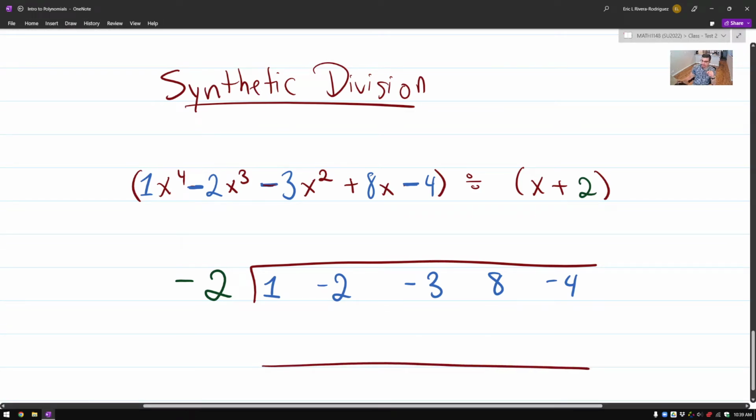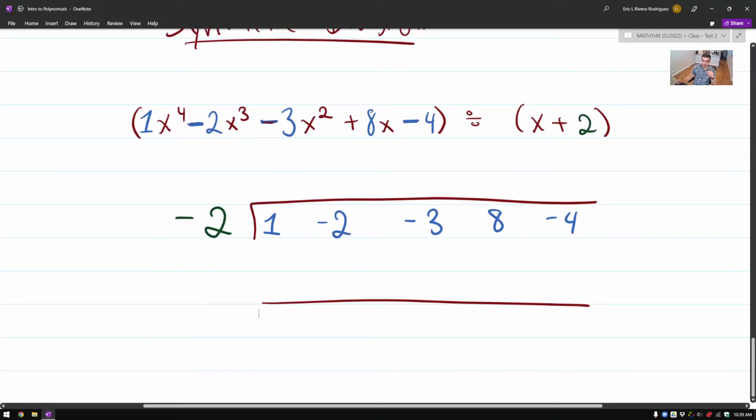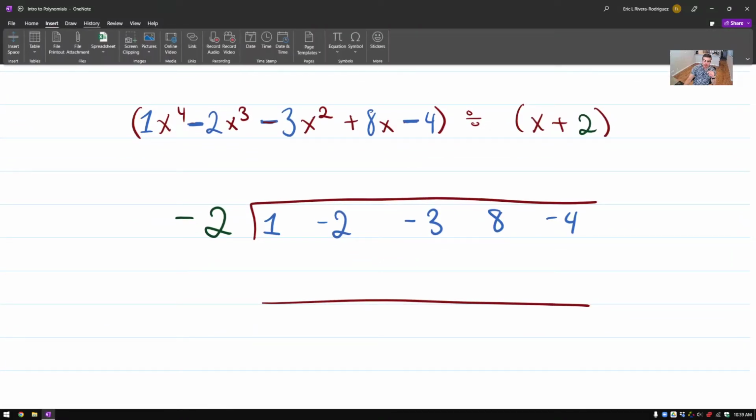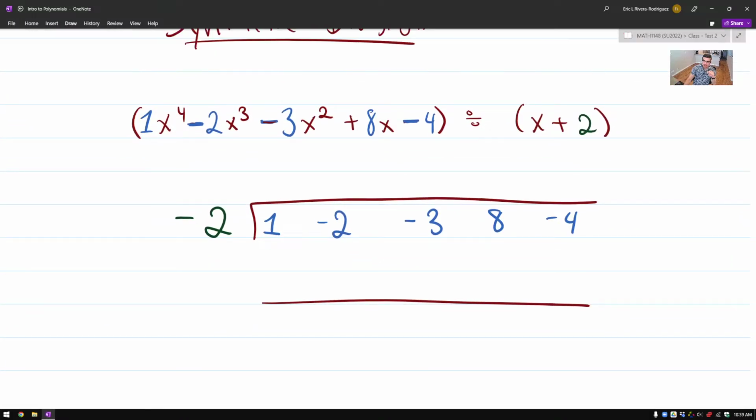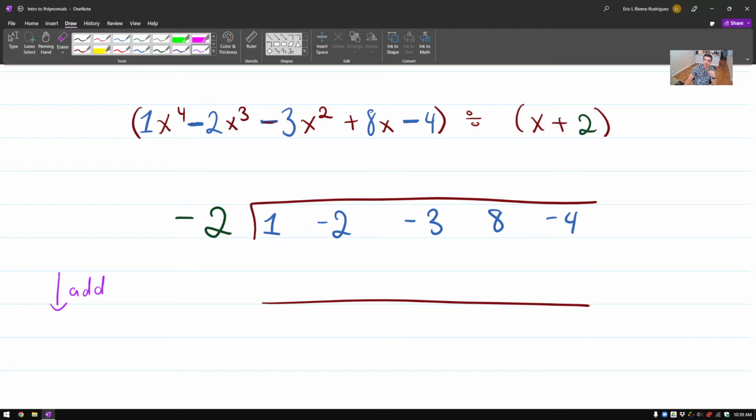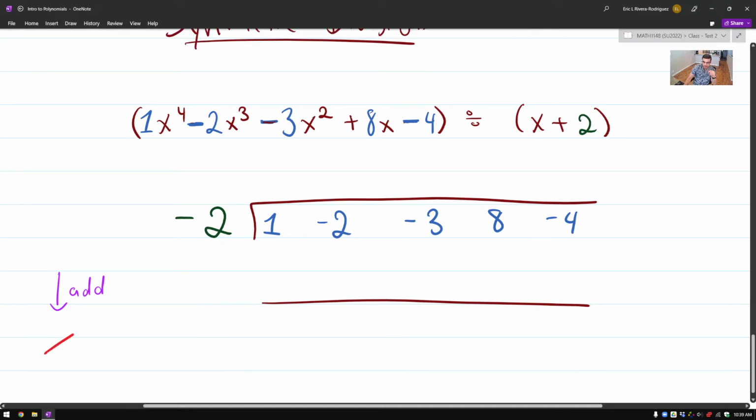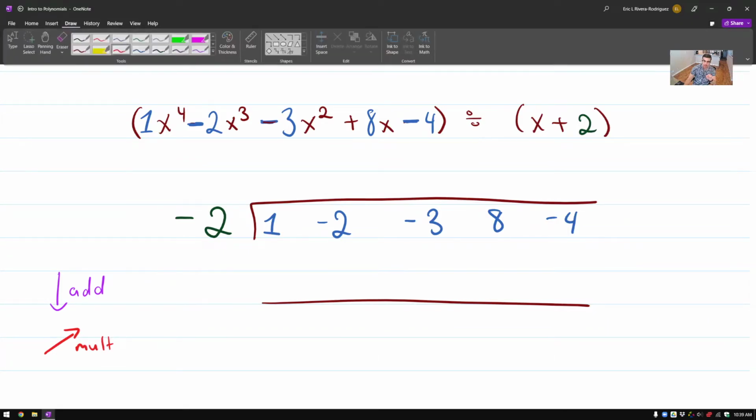So we have everything ready to start our synthetic division. And this is how we are going to do it. Down, we add, and then up, we multiply. You will see this is going to make more sense now with the exercise.